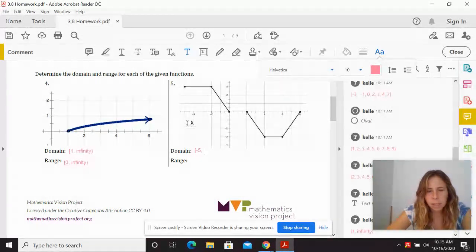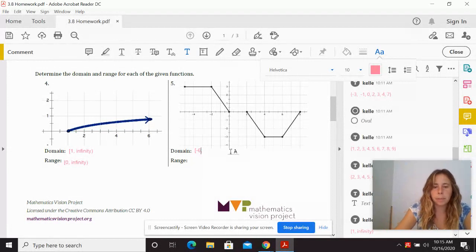Is that 5? Oh, that's 6. -6. Sorry. -6. And then we have a continuous line. I'm not picking up my pencil. Everything in here is covered all the way to x equals 0. All the values are covered between -6 and 0.